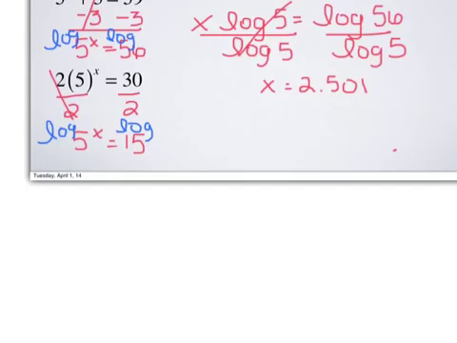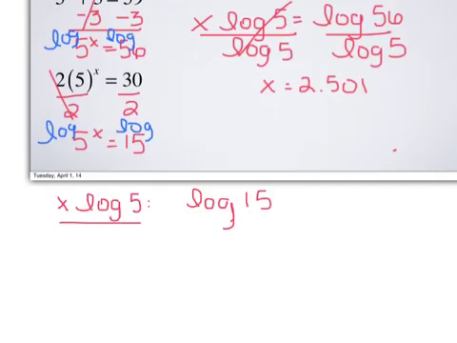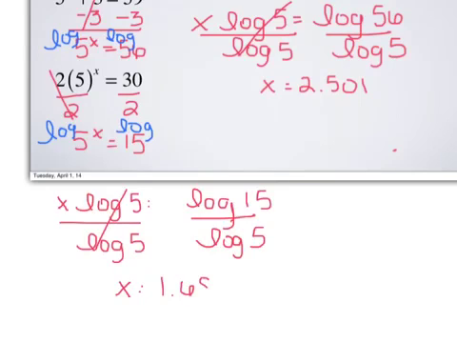This would then become x log 5 equals log 15. Divide by log 5. That's 1.683. Good?